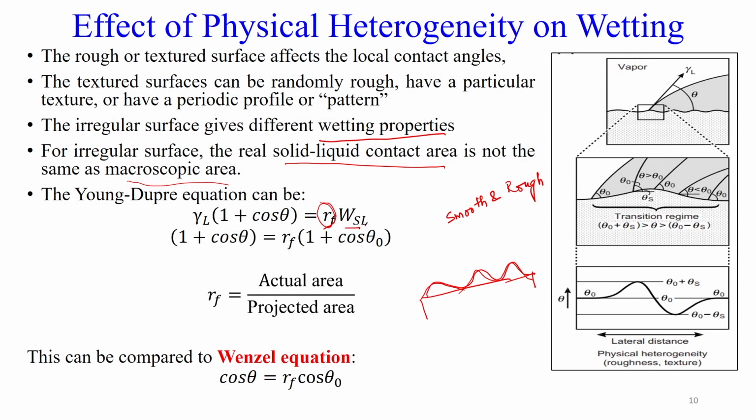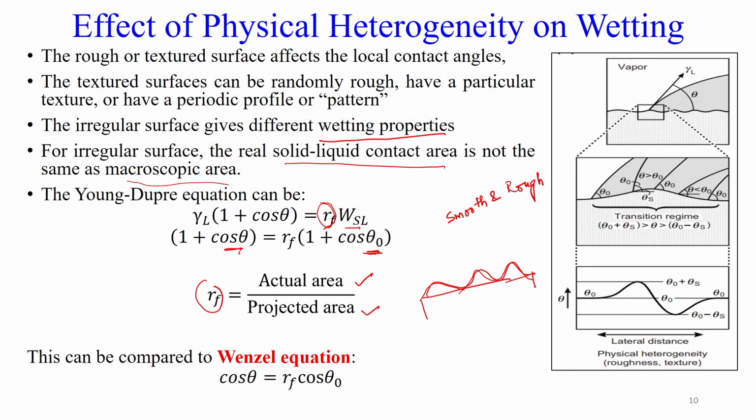From Young's equation, W_SL is equal to 1 + cos theta 0. So, this is the theta on the rough surface, this is the theta on the smooth surface, and this roughness factor is simply defined as the actual area divided by the projected area.